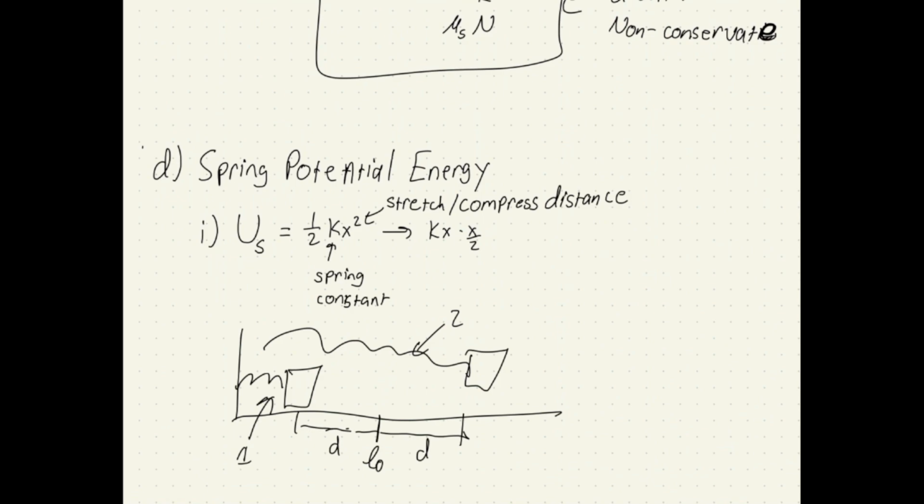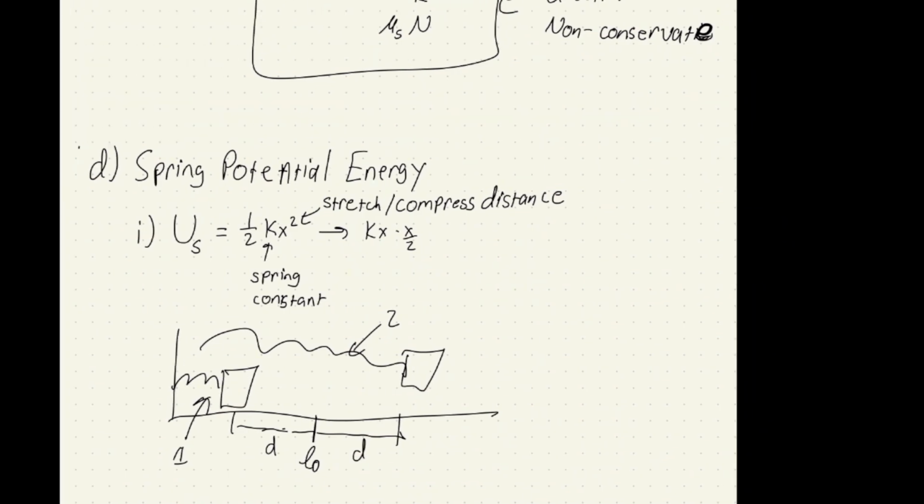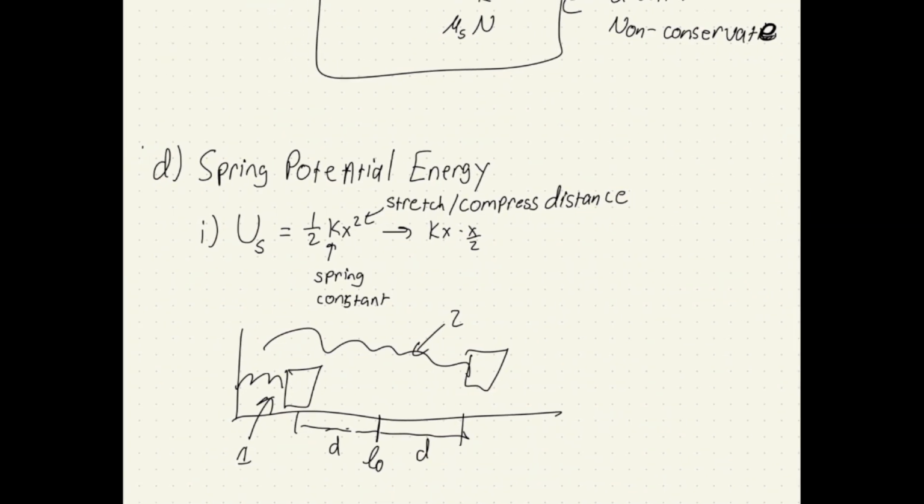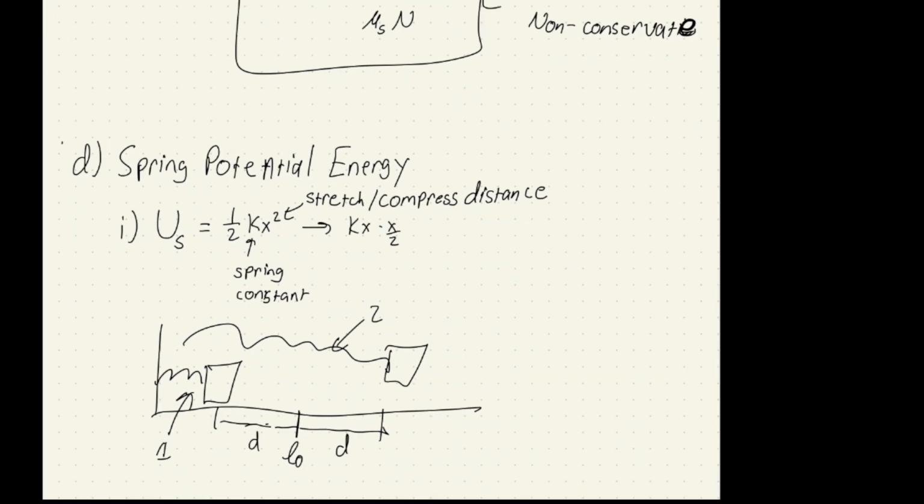K is always positive, 1/2 is just 1/2, it doesn't ever get negative for some weird reason, and X, well, it's squared, so it gets turned into a positive, and so U sub S is always going to be a positive value. For spring potential energy, you can kind of think about it as just like that energy stored in the spring, and no matter what direction the force is pointing, it'll always be a positive energy.